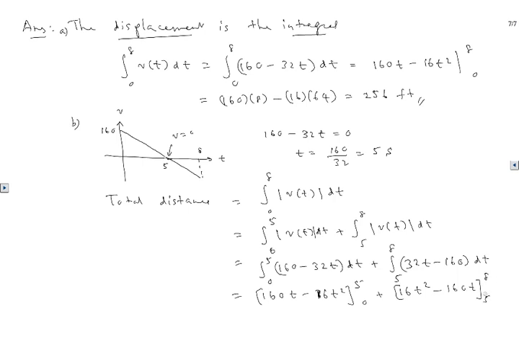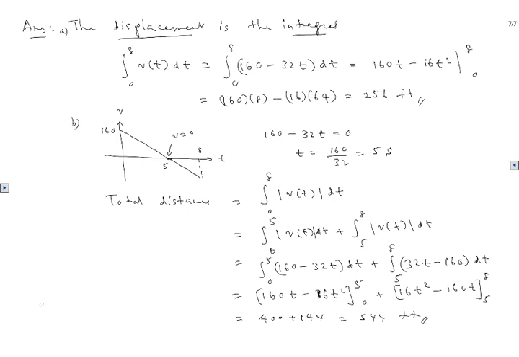And if you do all the simple calculations, you're going to get 400 minus 0 plus 144. You end up getting 544 feet. That's the total distance traveled.